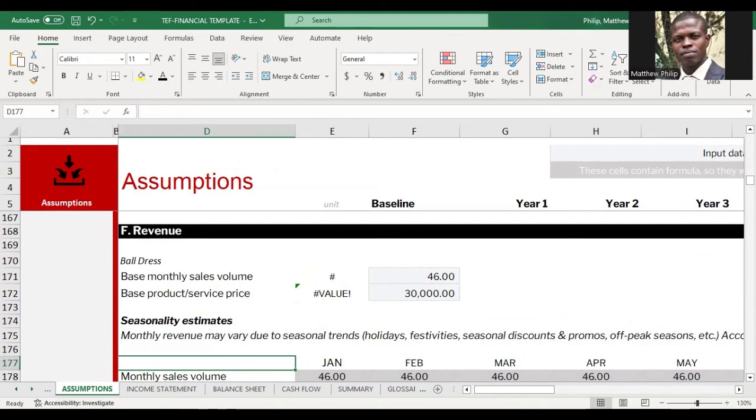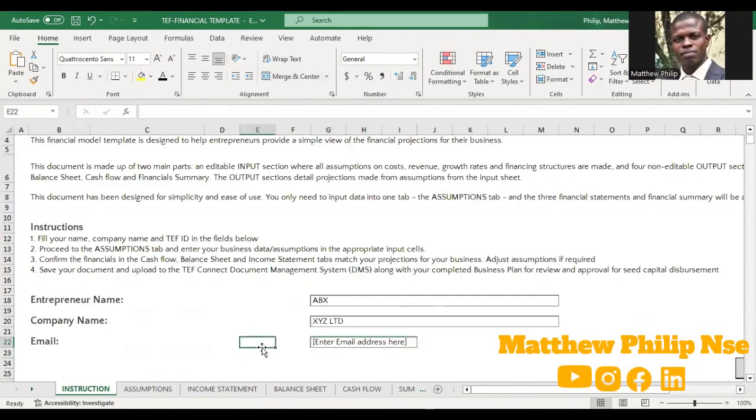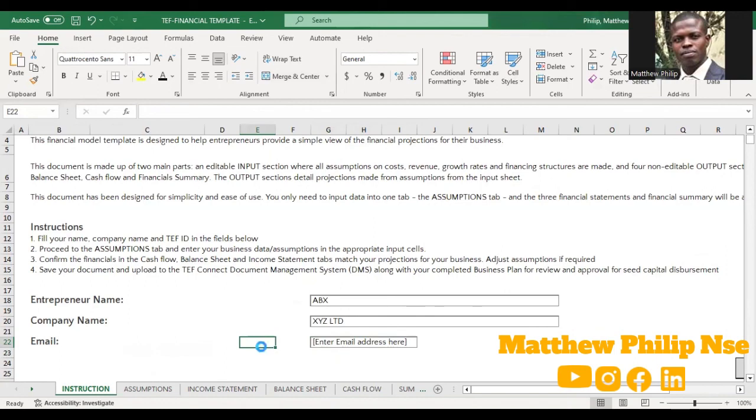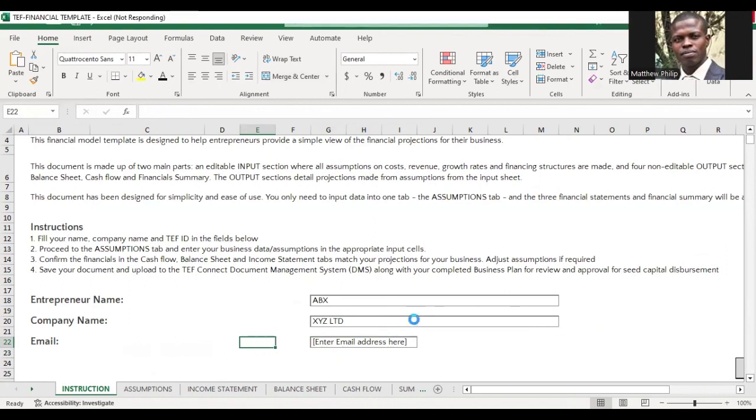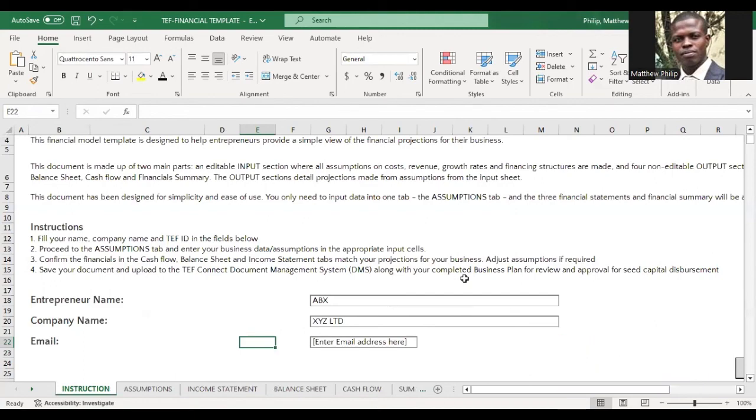All right, so at this junction, we have come to the end of this video. Don't forget to populate the financial templates first before you create your business plan narrative, that's the MS Word. And also ensure that the information on this financial template aligns with what you are preparing in the MS Word template.